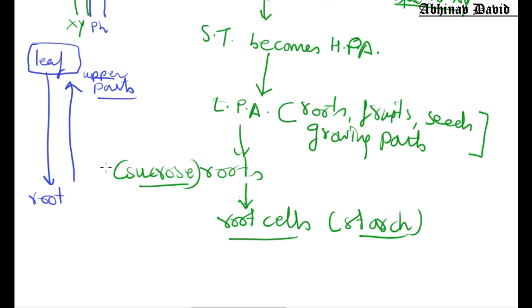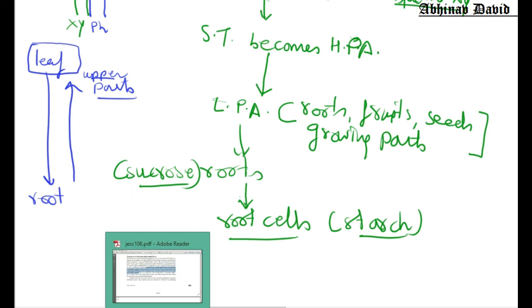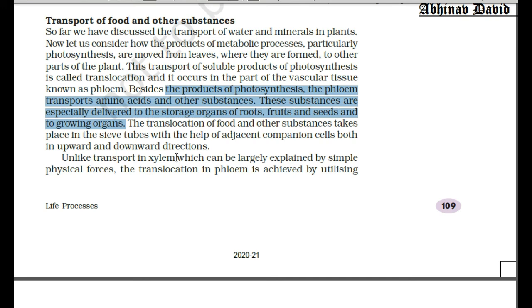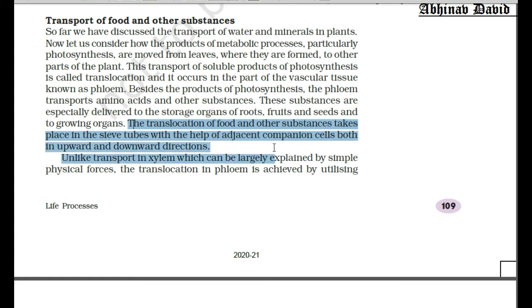Now let us see what is given in the NCERT. What is the translocation of food? I will read from here. The translocation of food and other substances takes place in sieve tubes with the help of adjacent companion cells, both in upward and downward direction.